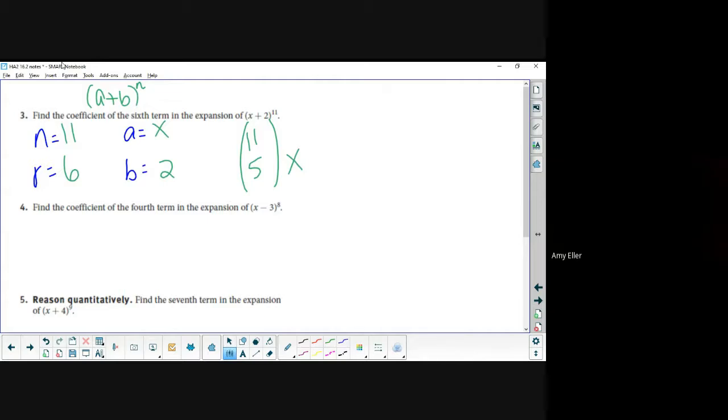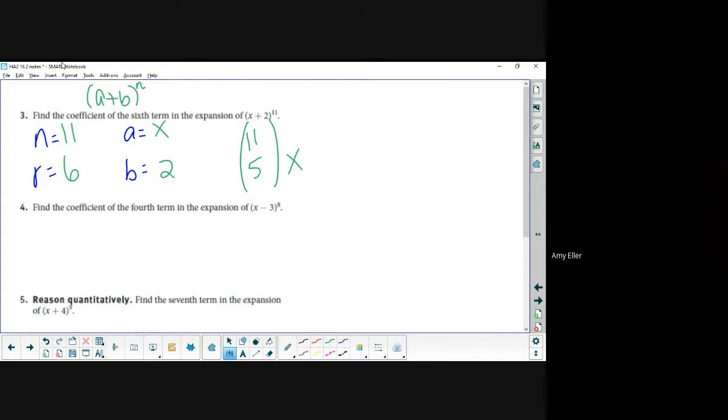And the exponent on that is going to be N minus R minus 1. Do you notice you already have N and R minus 1 right here? So the exponent is going to be this top number minus your bottom number.